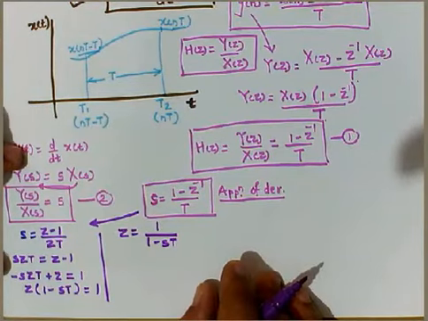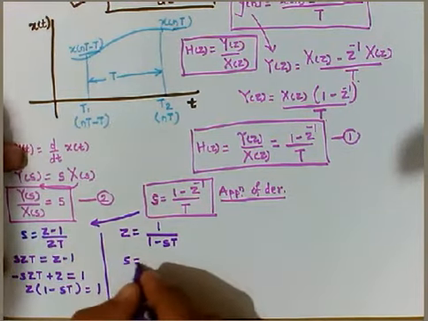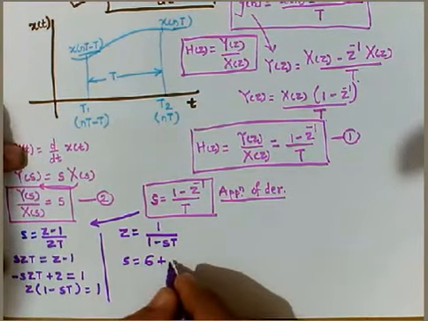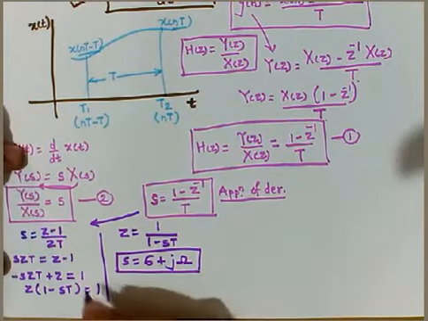Now as we know, s is the Laplace operator and it is expressed as s is equal to sigma plus j omega. This is simply the value of s.